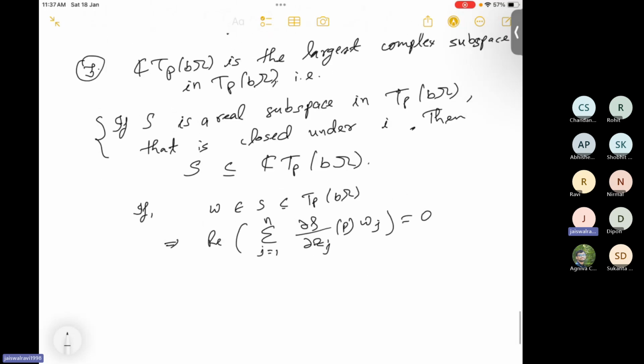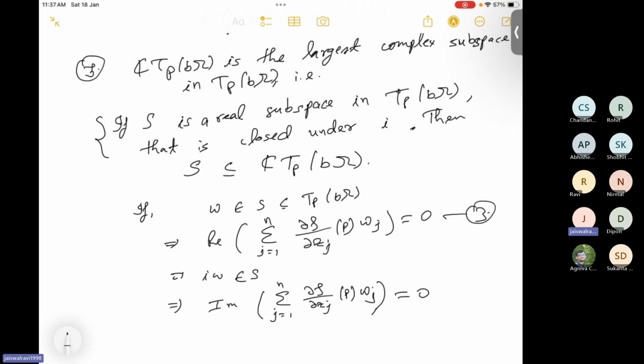And since I have assumed S is closed under i, iota W is also in S, which will imply imaginary part of sum j from 1 to n del rho by del z_j at P, W_j equal to 0. So if you combine these 3 and 4, you will get W is in the complex tangent space.